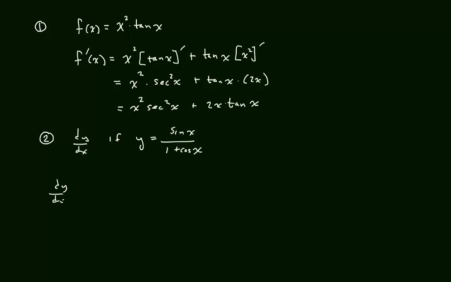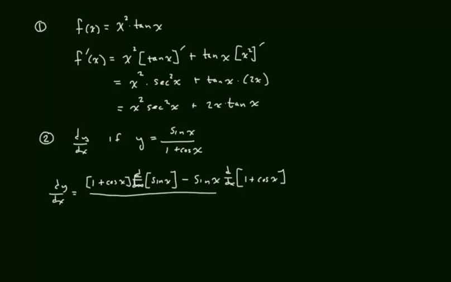So dy/dx equals bottom times the derivative of the top, I'll be consistent with notation here, minus top times the derivative of the bottom, all over bottom squared. Quantity squared.